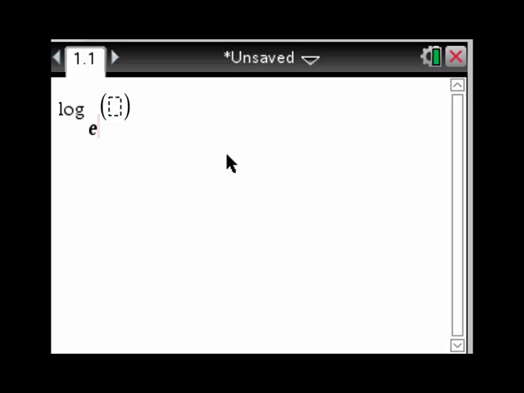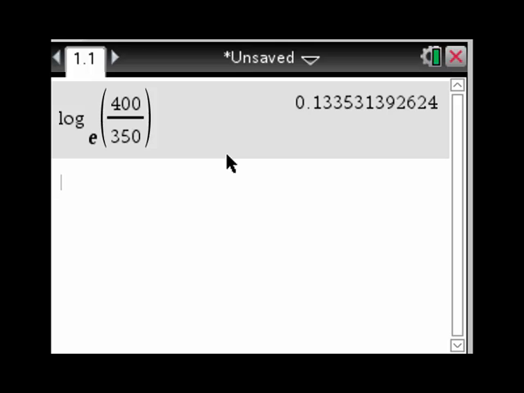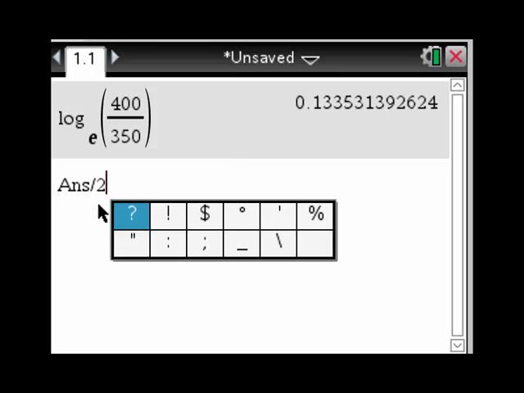And then we have 400 divided by 350. And that gives us 0.1335... We're going to divide by 2%.